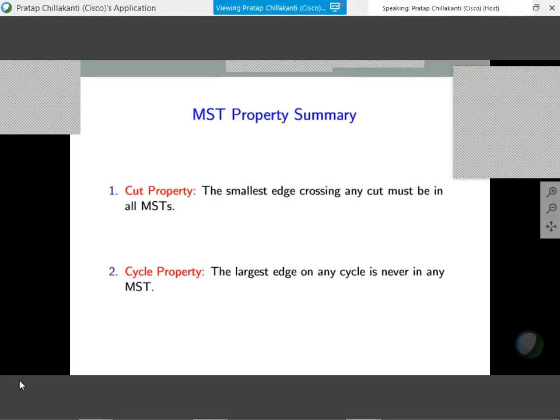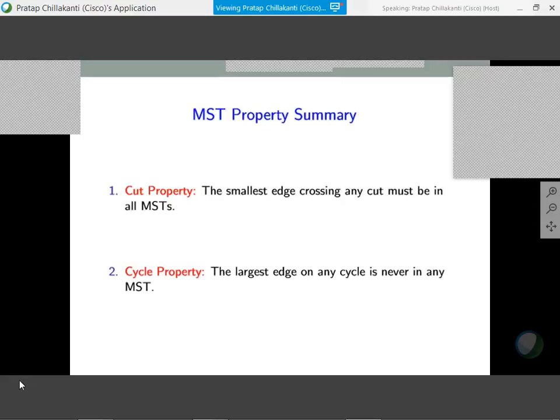So now you can go back and see the minimum spanning tree property summary. So use the cut property. The smallest edge crossing any cut must be in all minimum spanning trees. Okay, that is one property that you use. Remember, we talked about the cut. Okay, and then the cycle property: the largest edge on any cycle is never in any MST.